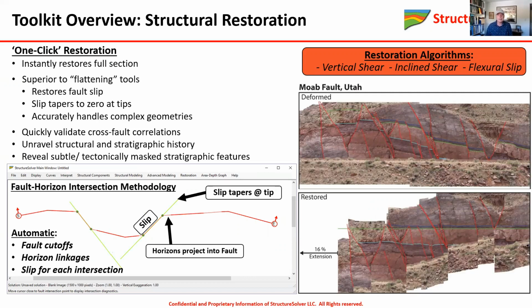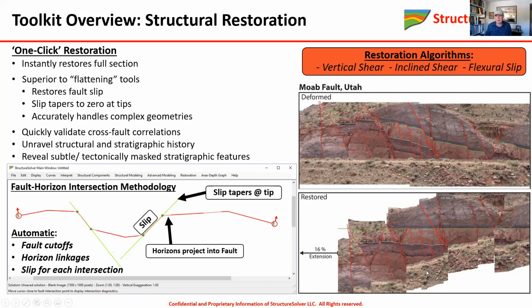The first tool that we have is structural restoration, and structural restoration in StructureSolver is very simple. We've got one-click restoration where, having interpreted horizons and faults without any further issues, you can just, with one click, do an immediate restoration where we restore a section across all the faults.